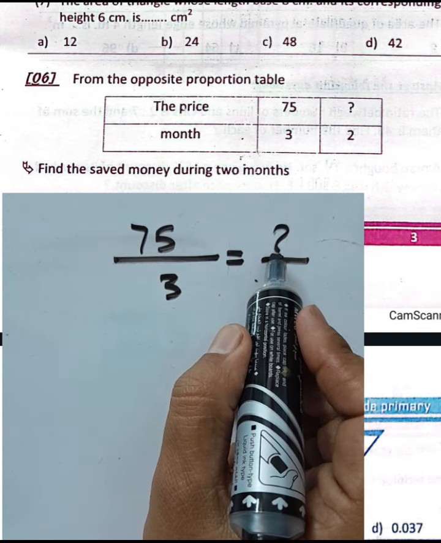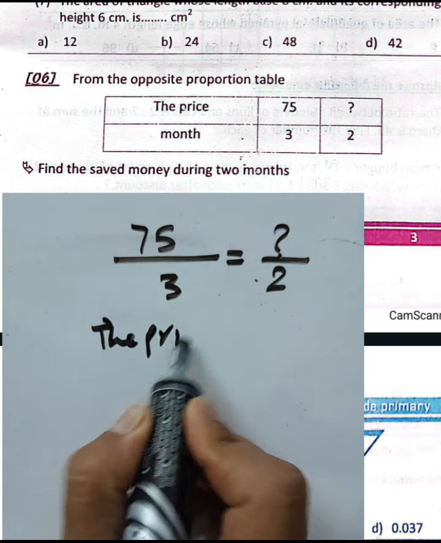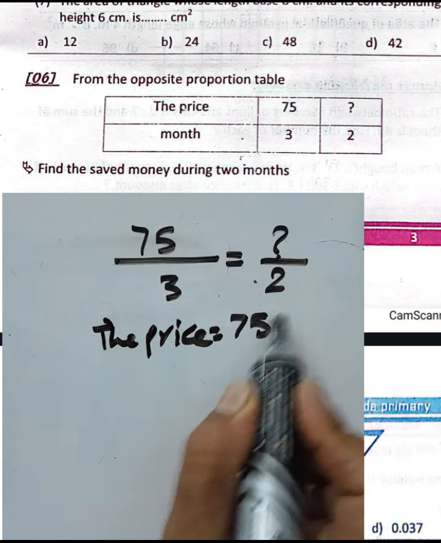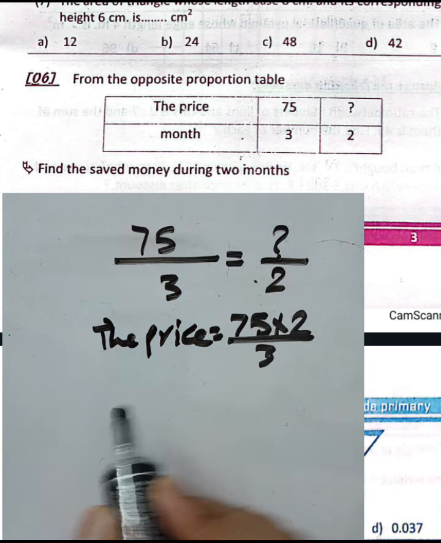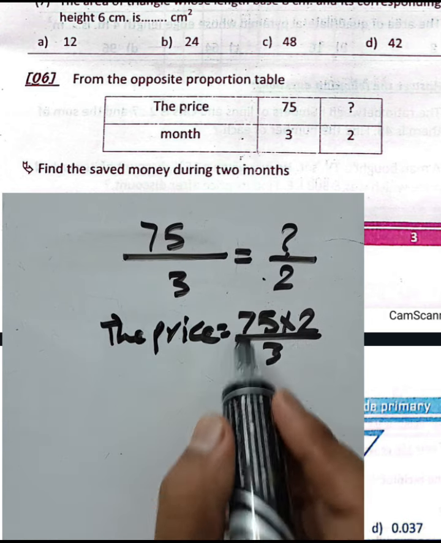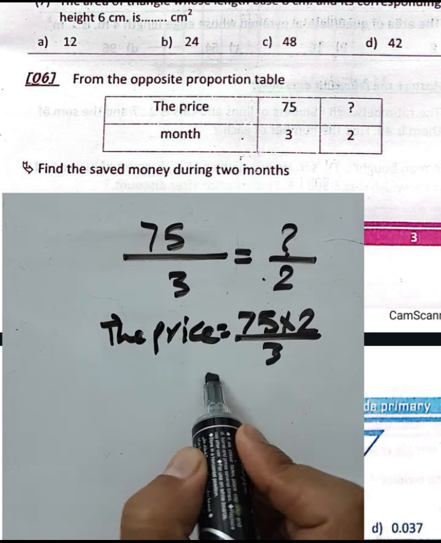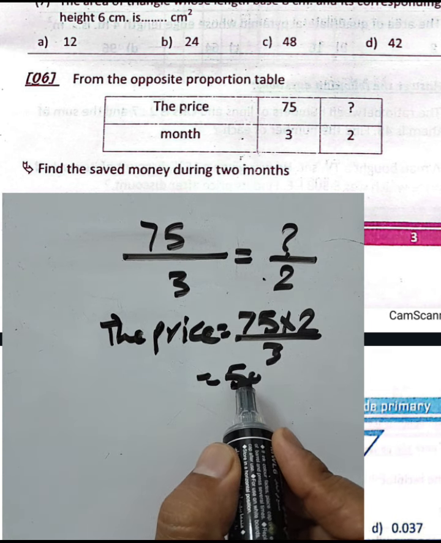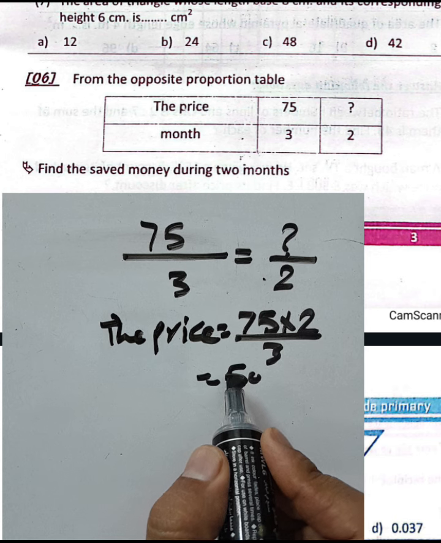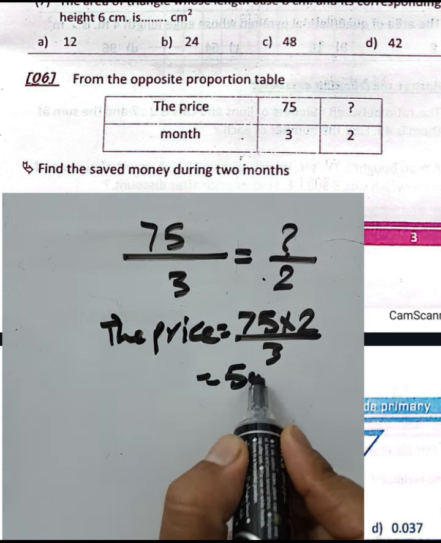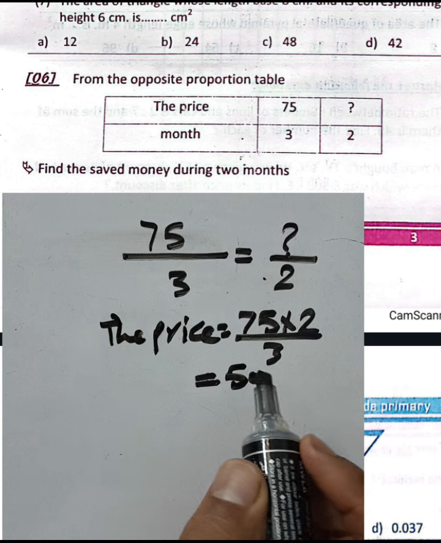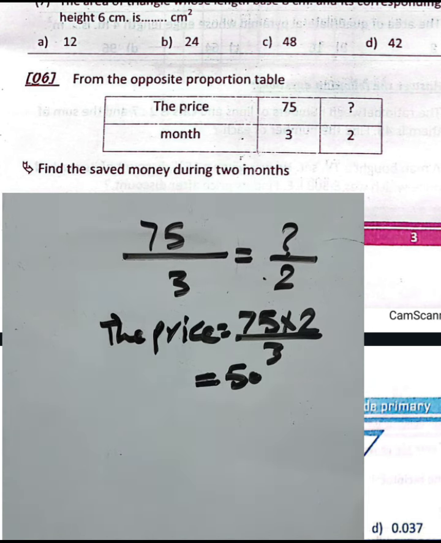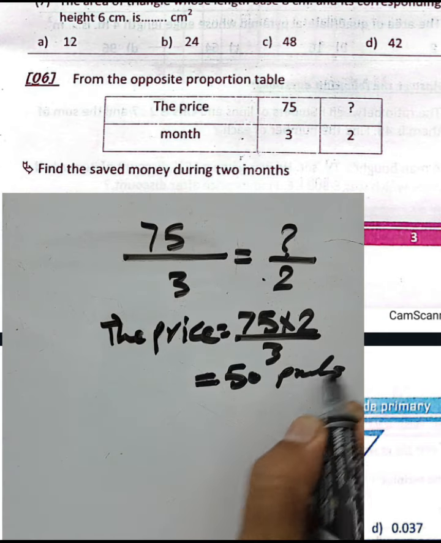Then the price will be equal to 75 times 2 divided by 3. 2 times 75 is 150, divided by 3, it will be 50. Here 50, okay, 50 Egyptian pounds. Then he saved 50 pounds during 2 months. Okay, it's the last question here.